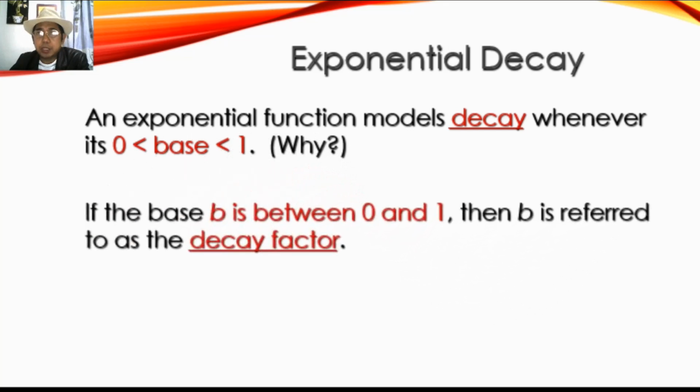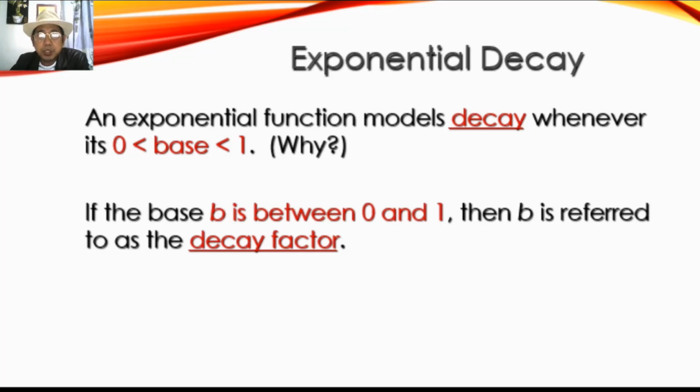Meaning to say, when b is between 0 and 1, then b is considered to be a decay factor. What do we mean by this? If the base is a number located between 0 and 1, the result will always give you a reduction of whatever computation. Meaning to say, it will decay.